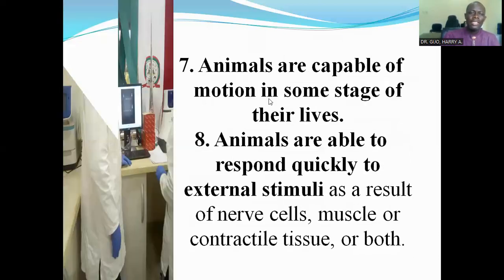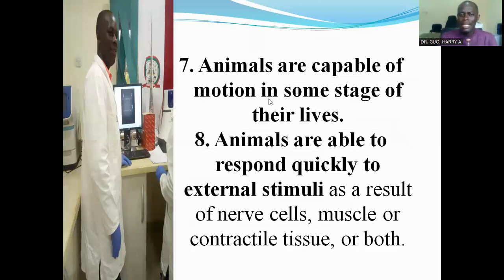One other distinctive feature is that animals are capable of motion in some stage of their lives. There are some animals that are sessile, but their larval stages are able to move from one place to another.